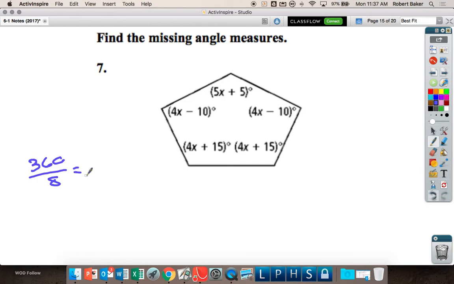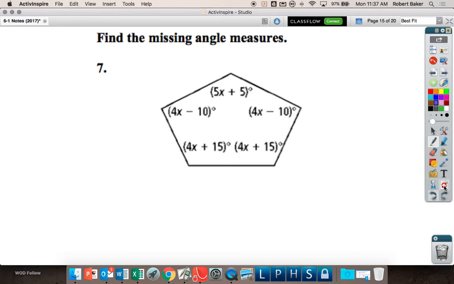This is a through and through pre-AP test question. Guys, there is only one layer of this that is geometry specific. Everything else is algebra. Is it a regular polygon? Does it say that it's a regular polygon? It does not. It's a pentagon.